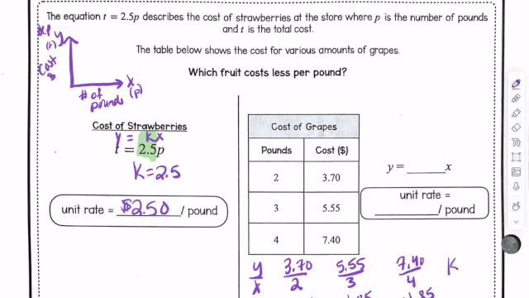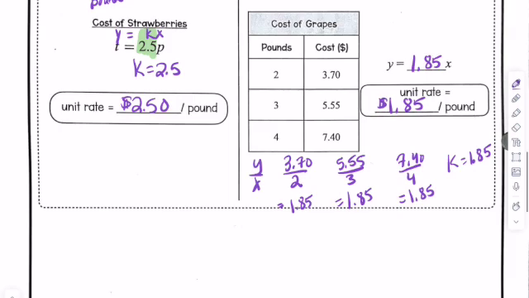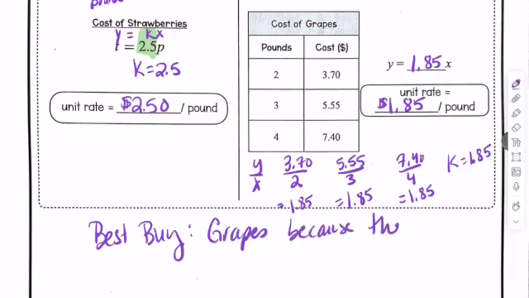So my K value is $1.85. My unit rate, $1.85 per pound. My equation would be y equals 1.85x. And again, we're trying to answer which fruit costs less per pound, which would be our best buy, and that would be the grapes, because they cost less for each pound. They're the cheapest fruit per pound.